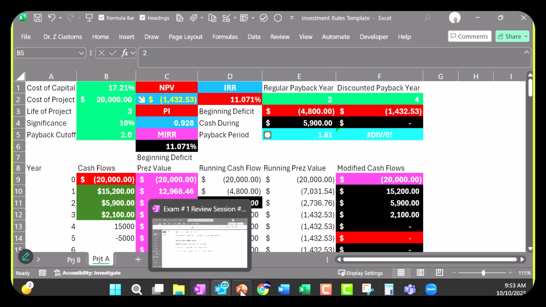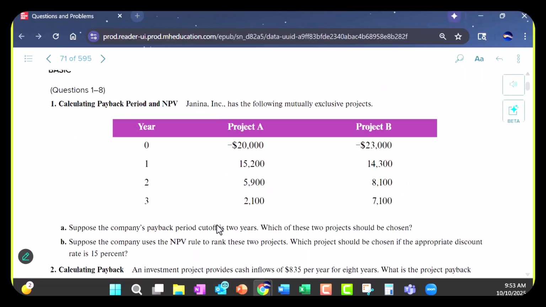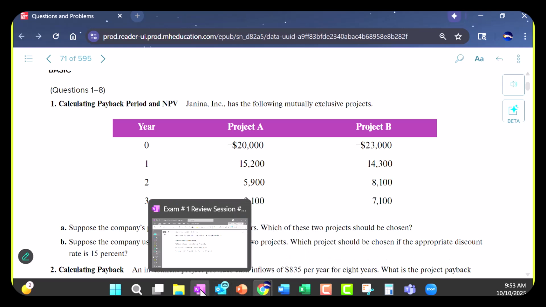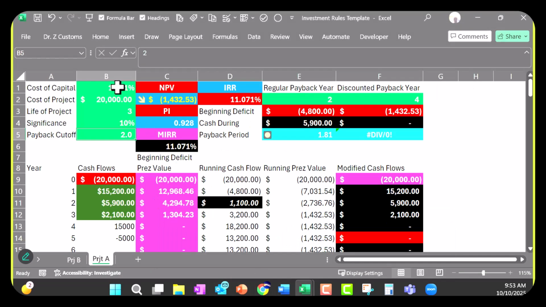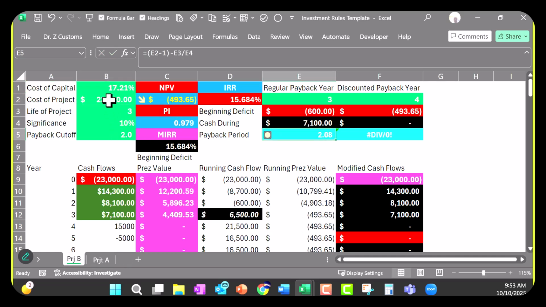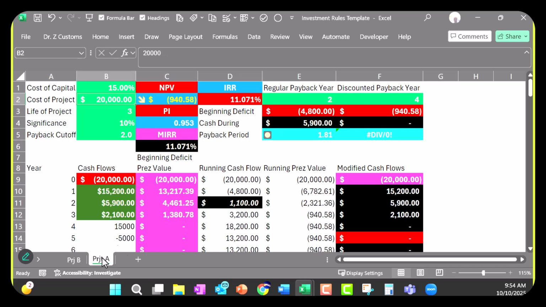Okay, let's look at the second part of that problem. Suppose they do NPV, which project should be chosen if the appropriate discount rate is 15%? Well, that's easy to do. Make these 15. So project B has an NPV of 227.